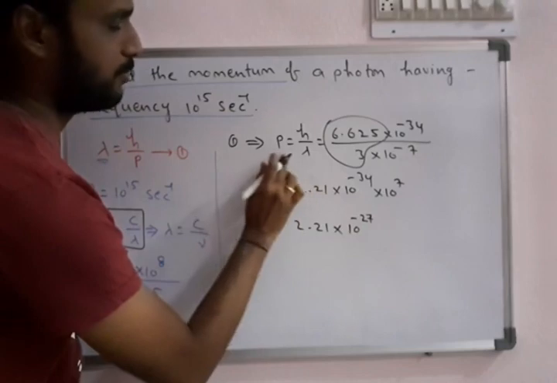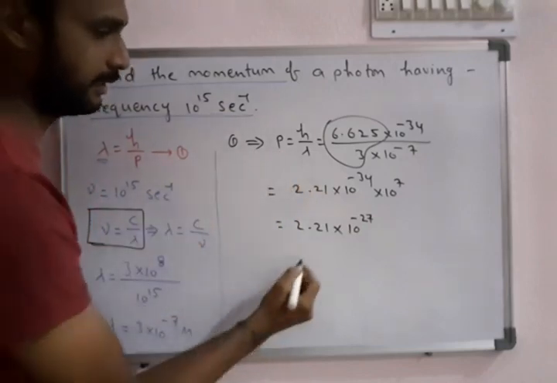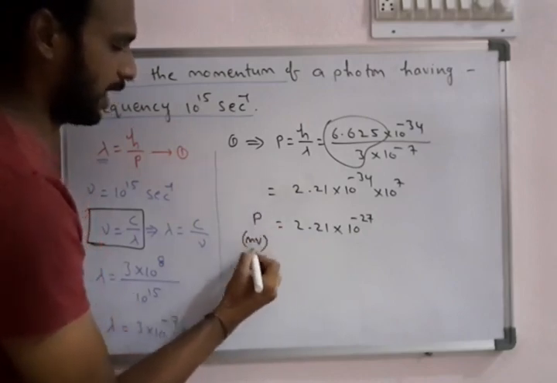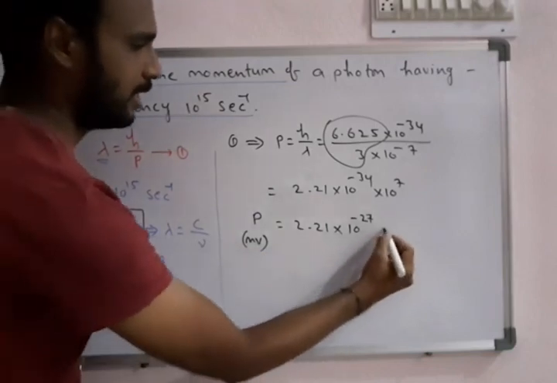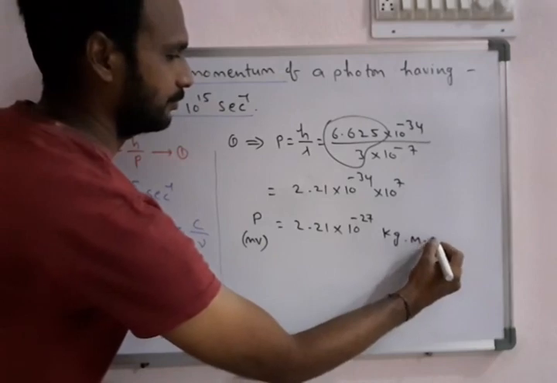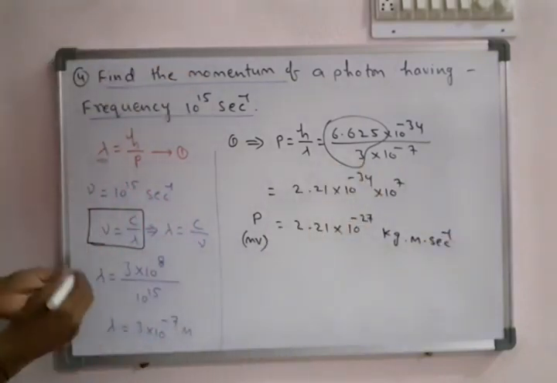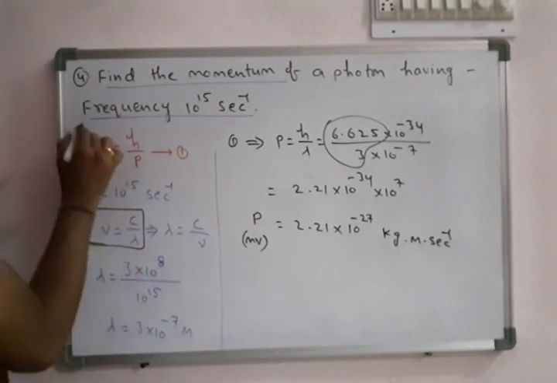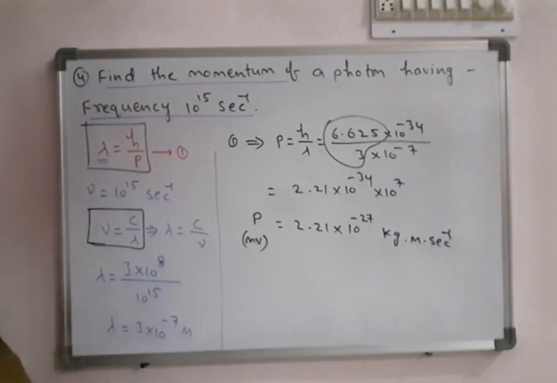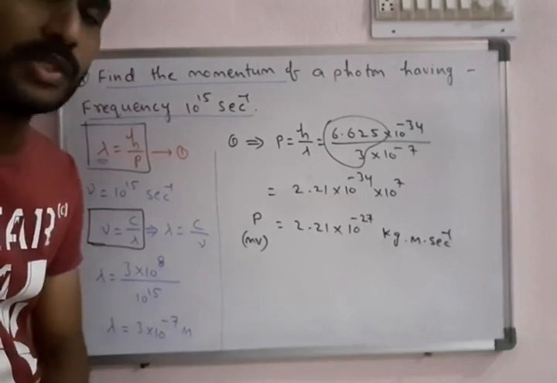What will be the units for momentum? Totally we followed the SI method. Momentum means mass into velocity, so mass is in kgs and velocity in meters per second. Okay, this is just making a connection between two formulas. You must take these problems in your notes.